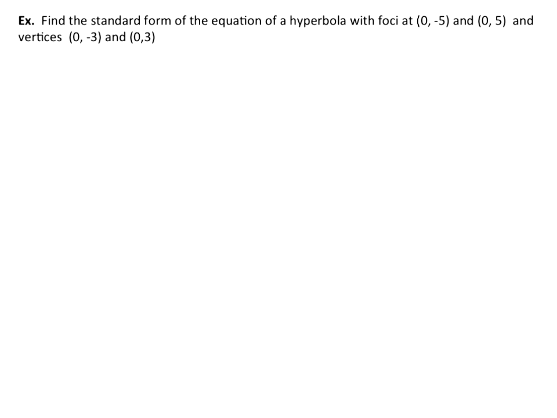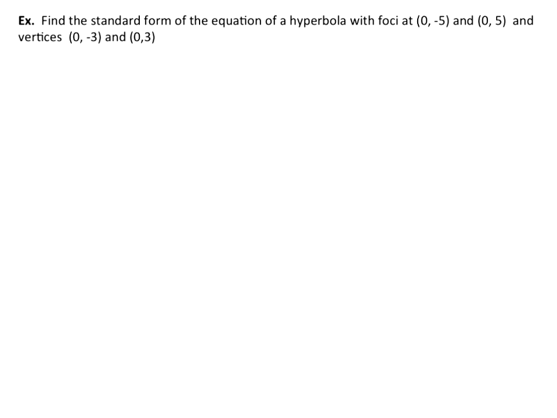Okay, so find the standard form of the equation. So now, instead of starting with the equation and locating the vertices and the foci, we're going to start with the foci and the vertices and work backwards to write the equation of the hyperbola.